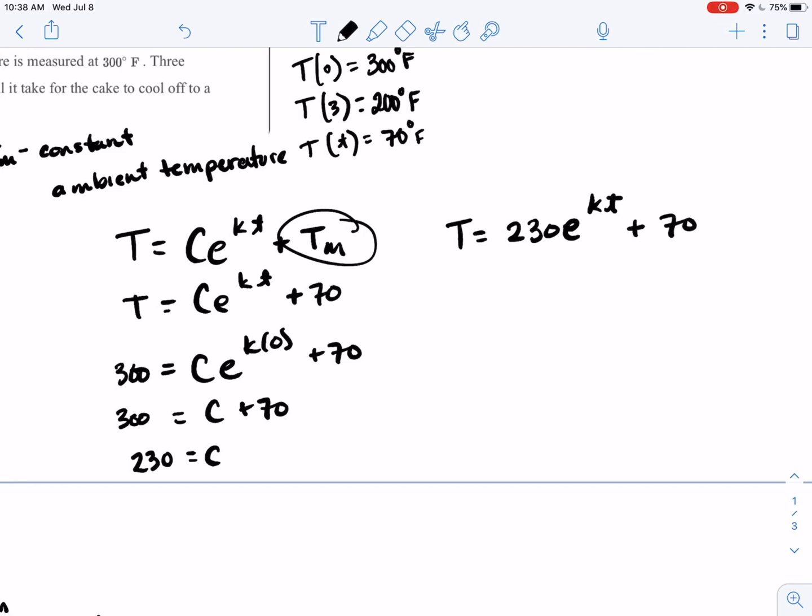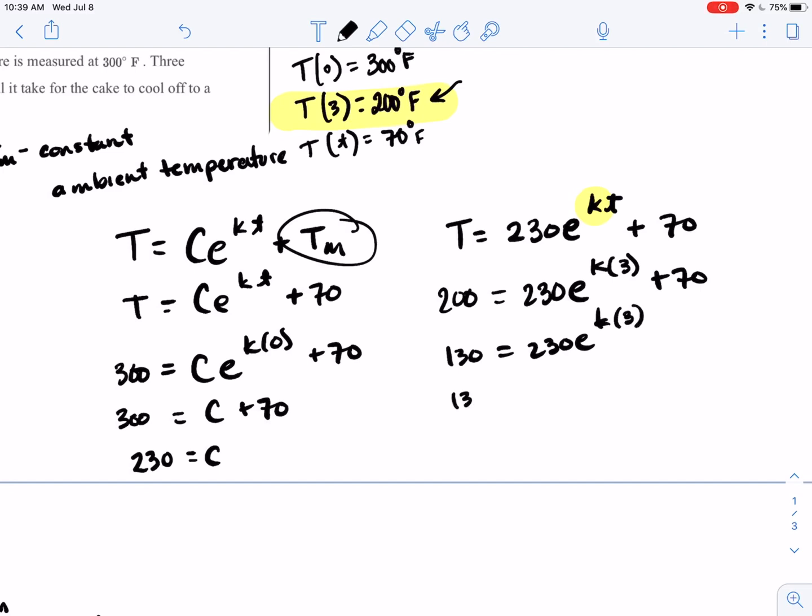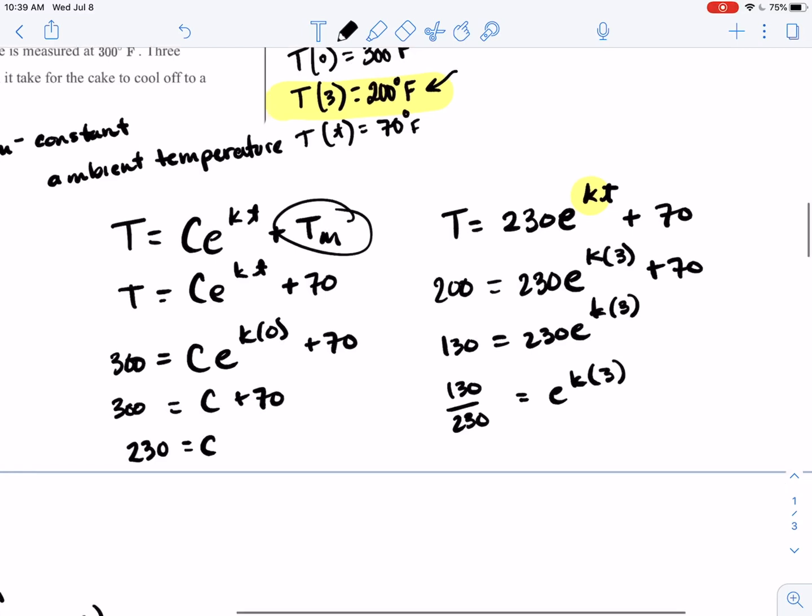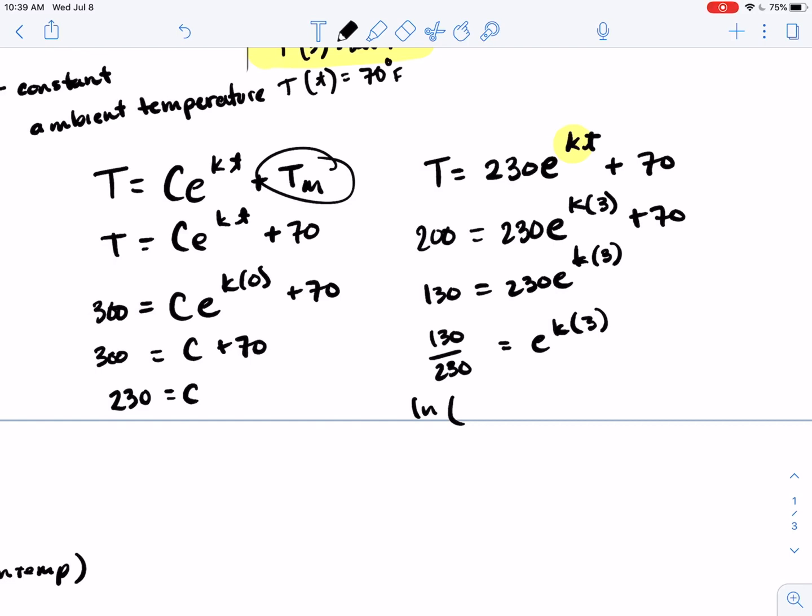Okay, next step. We're going to use this next value to find k. So I got 200 equals 230 e^(k times 3) plus 70. So we'll subtract. I get 130 equals 230 e^(3k). So I have 130 over 230. Okay, if we apply ln, ln of 13 over 23 is going to equal k times 3.